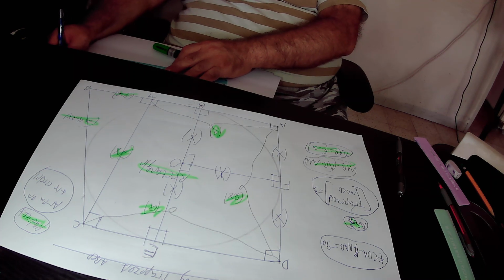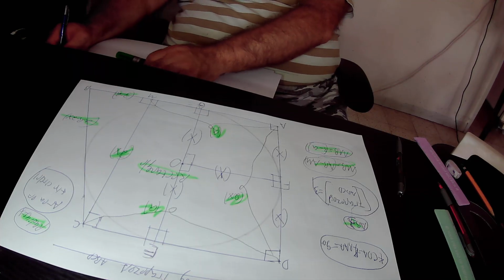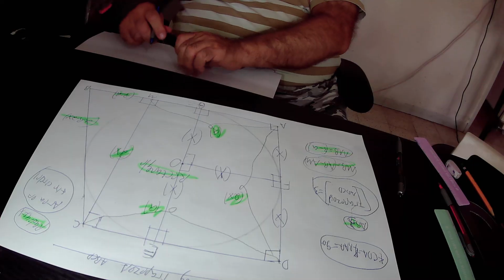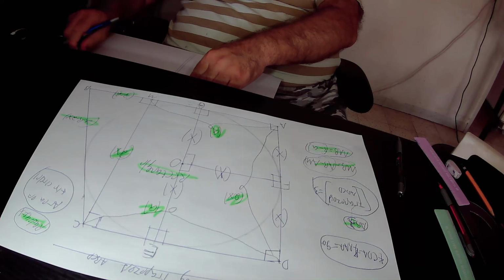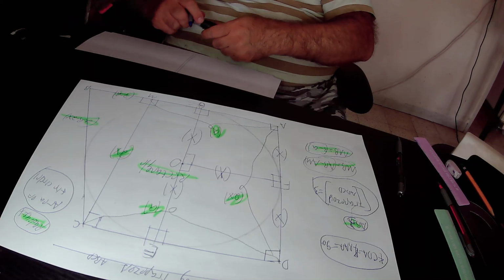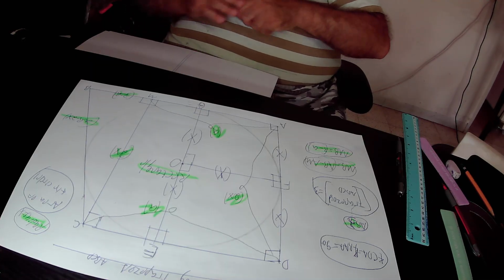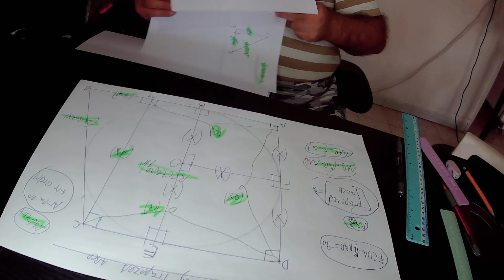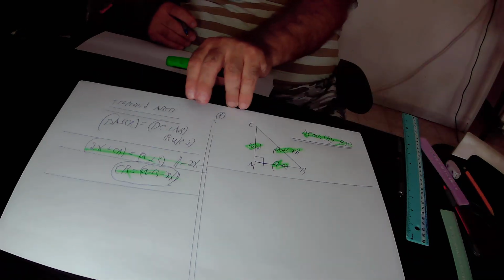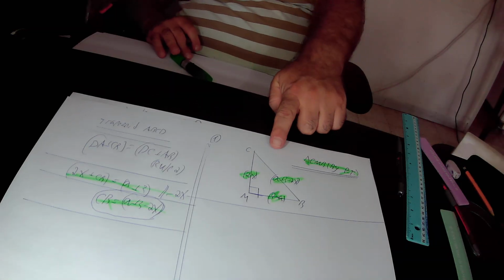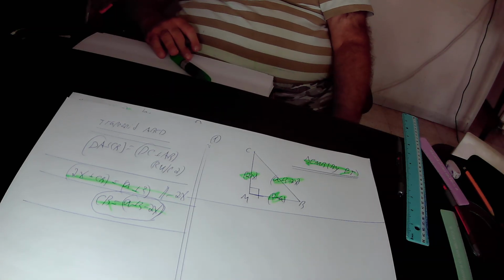Here PT is the abbreviation for Pythagoras theorem. So actually, this is the right triangle CMB, this is the curve from the original diagram.